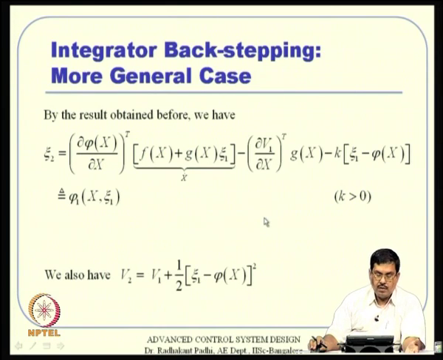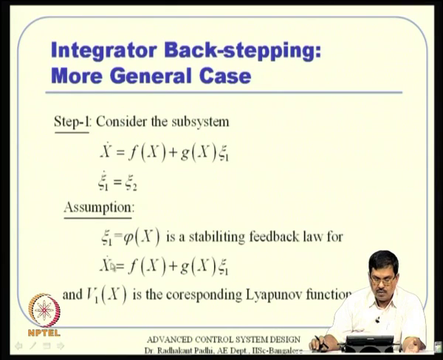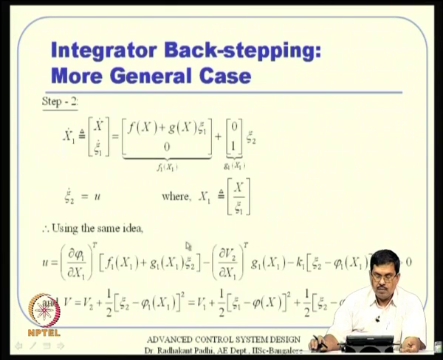Now, what about extending to one more? This was step 1 that we just derived. Now, for step 2 we have to bring one more state into the picture. The first subsystem is like this, and then we are adding one more equation, xi2 dot equal to u.